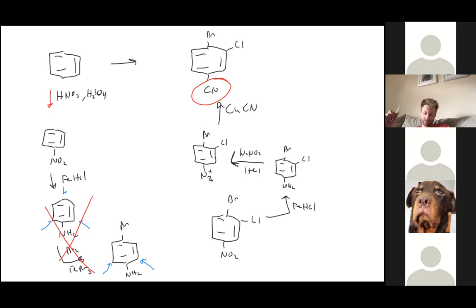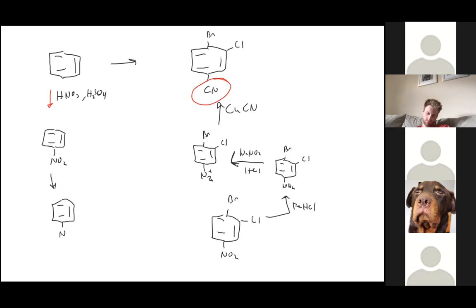Let's go back to the other one we did. So we threw in Cl2, AlCl3. We could have also reduced here and still gone through to our product.